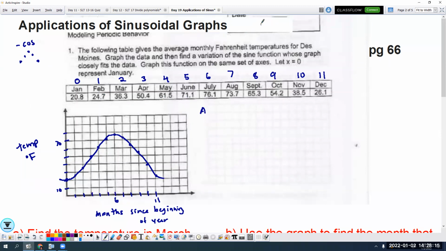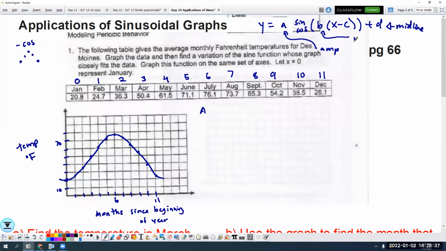So let's lay out some ground information. First off, we have our general equation A, and then it's either sine or cosine. And then we have B, x minus C plus D. Now, as a reminder, D is our midline. A is our amplitude.